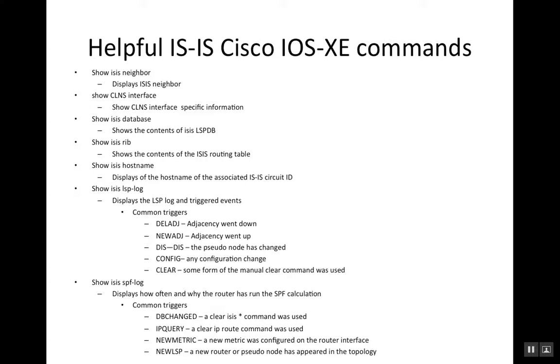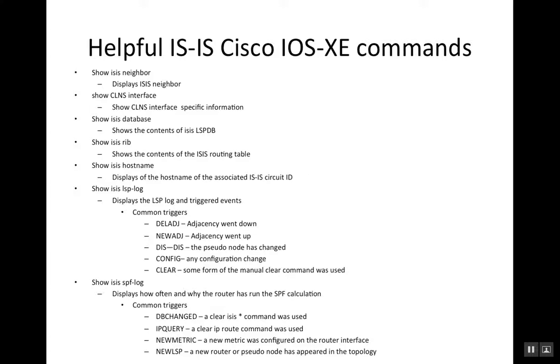The IP query: if somebody does a clear IP route command on the router, that means the routing table has been flushed, and the participating protocols need to re-inject those routes. That IP query trigger will show and let you know that has occurred.